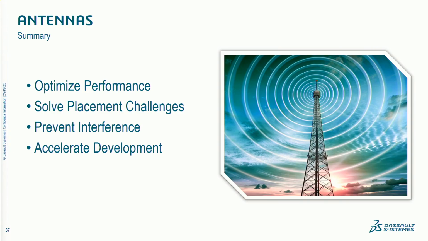We have automated tasks to go in, once those antennas are placed, to run those types of studies, and then you can do things like add filter networks to get that interference under control. So really, it's all about optimizing performance, solving placement challenges, preventing interference, and ultimately speeding up the development process, because that iteration takes time, and you'll hear from one of our customers later today about that.